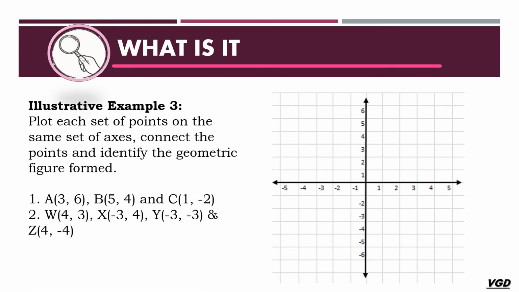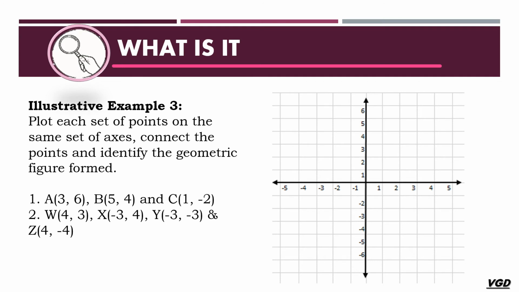Now let's have this example 3. Plot each set of points on the same set of axes. Connect the points and identify the geometric figure formed. For number 1, point A has the coordinates of 3 and 6. Point B, 5 and 4.